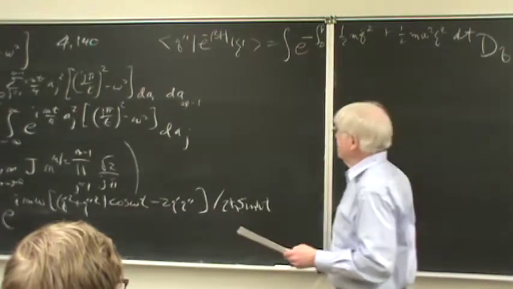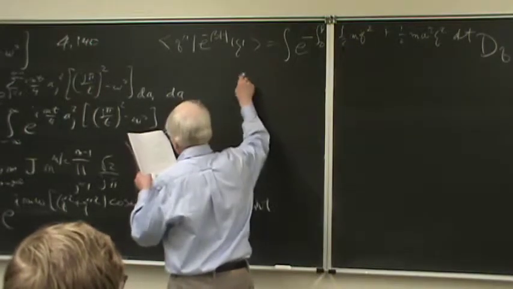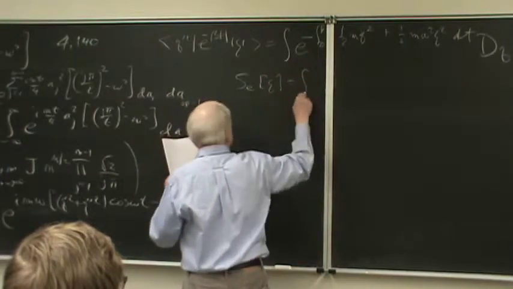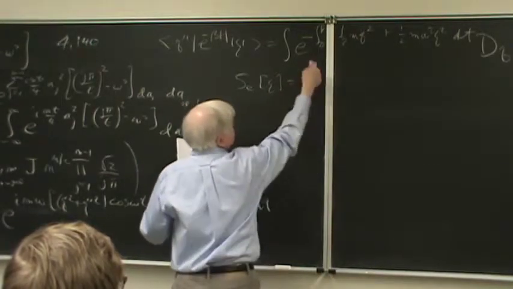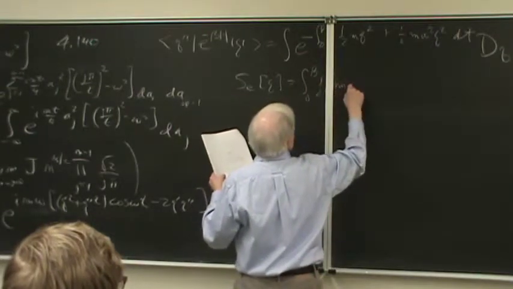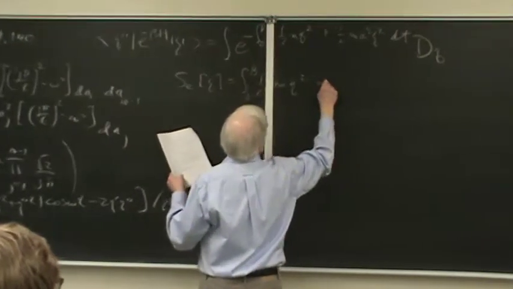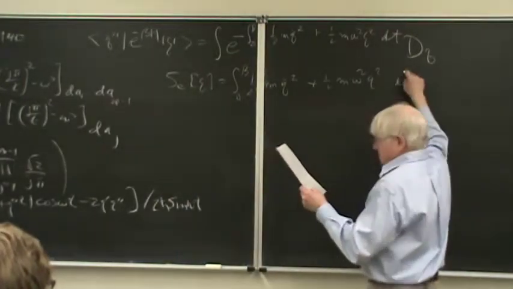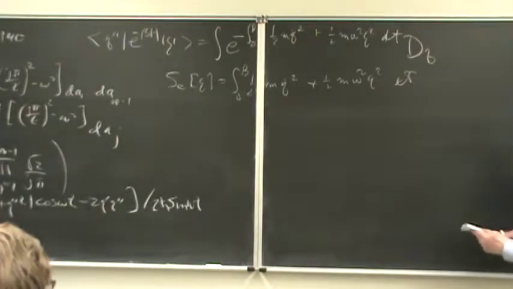And the classical action, of course, is the one you know. S_E of q is the integral from 0 to beta, it's just 1/2 m q dot squared plus 1/2 m omega squared q squared dt. Okay, so that's what we're doing.